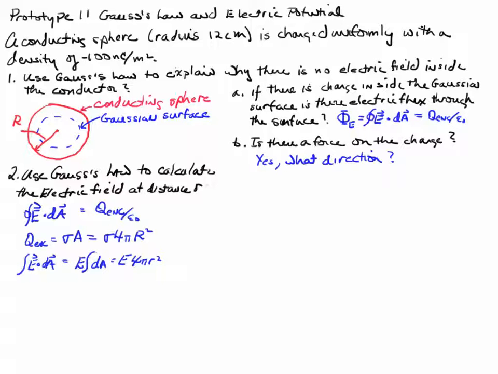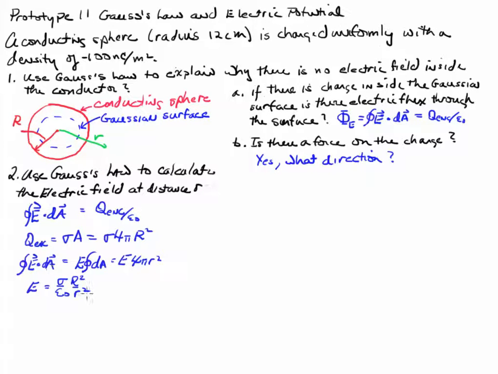And now we can state that the closed integral of E dot dA is equal to E times the closed integral dA, which is just E times 4 pi r squared. In this case, little r is the radius outside the surface of the conducting sphere, and I show r outside the conducting sphere in green.